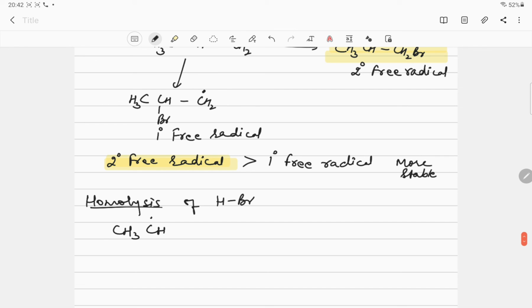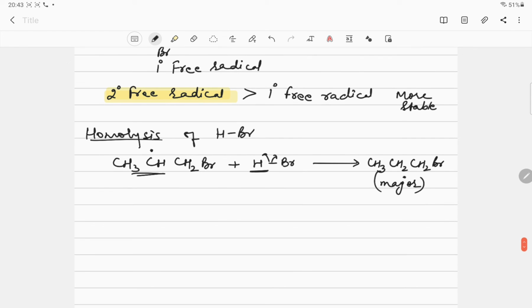So CH3CH, CH2Br will cause the homolytic cleavage of HBr. So we will be getting H free radical and bromide free radical, and this H free radical will be pairing up this electron, and that is how we will get CH3CH2, CH2Br as the major product.